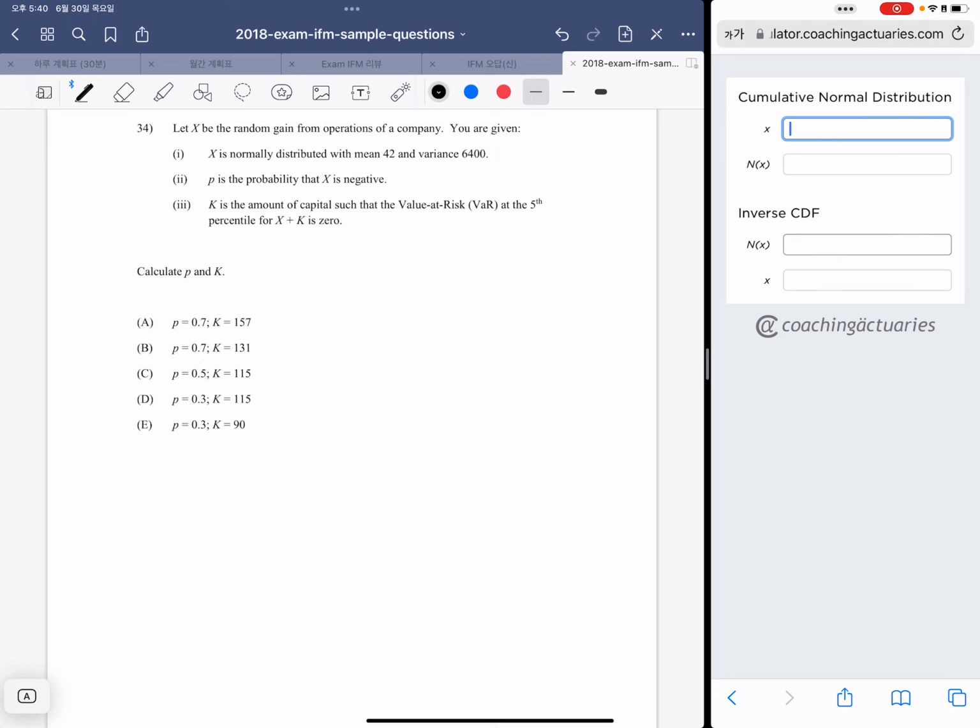All right, let's go over P first. So we're given that X is normally distributed with mean of 42 and variance of 6,400. And we want to calculate P, the probability that X is less than 0.